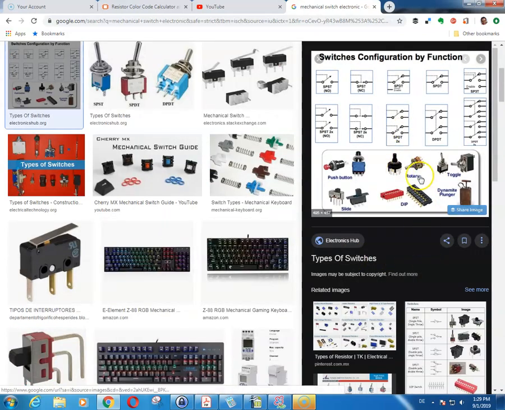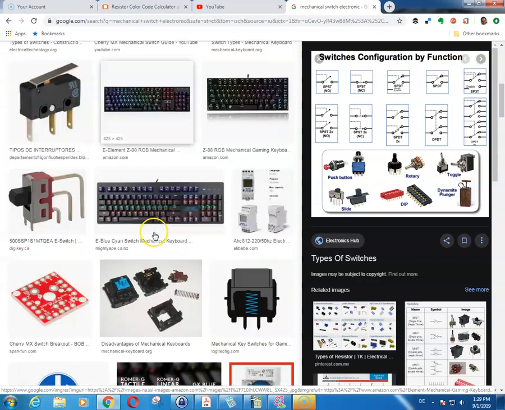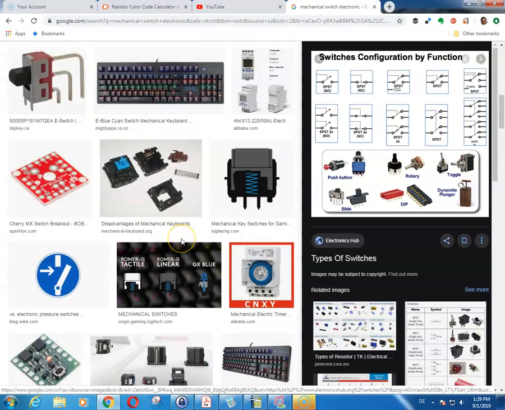You see over here, for example, these are rotary switches, these are push button switches, these are toggle switches, these are dynamite plunger switches, this is a dip switch, and this is a slide switch. This is also some sort of switch which is called a, I have forgotten the name actually. These were very popular, and so on and so forth.